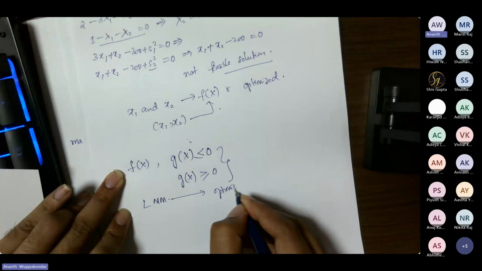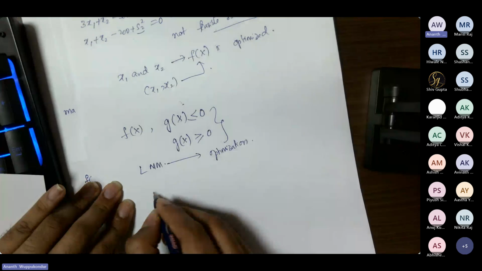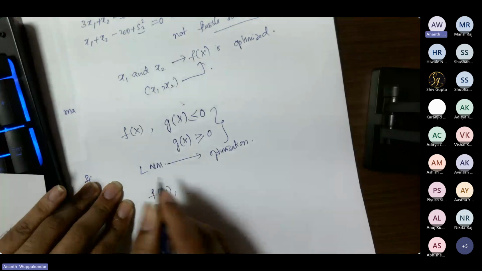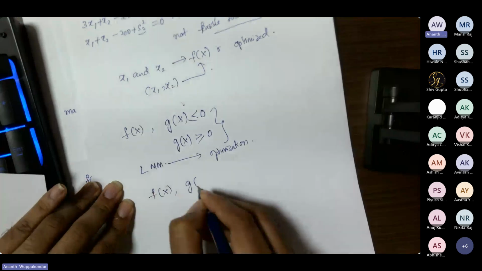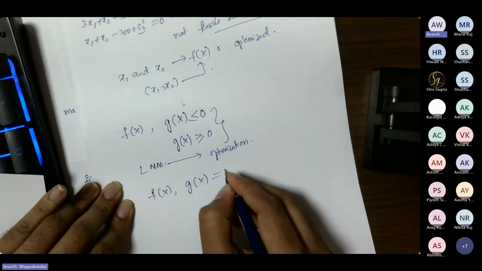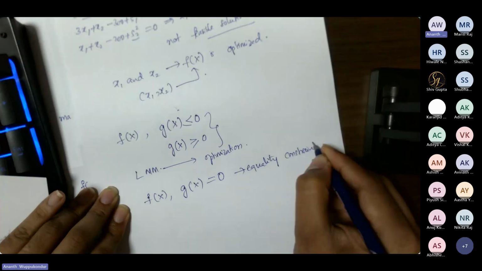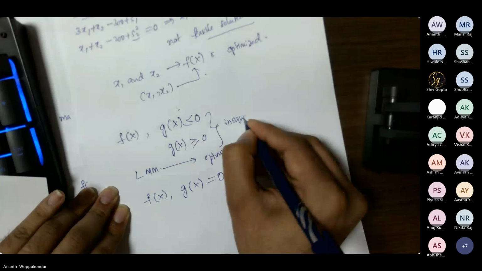But we have not seen a scenario where, for example, we have f of x and the given constraint itself is an equality. So this is an equality constraint, and these are inequality constraints.